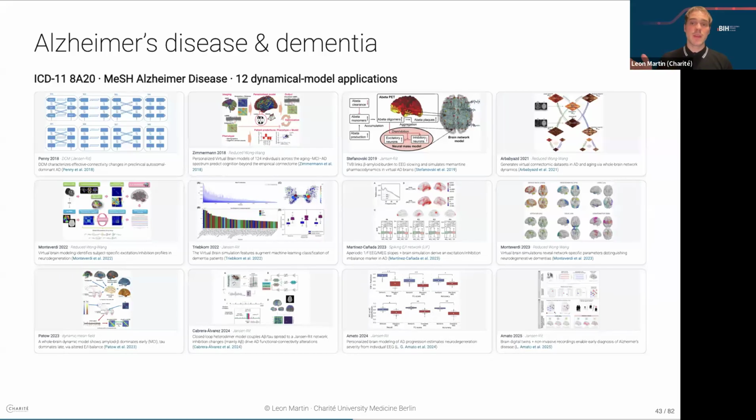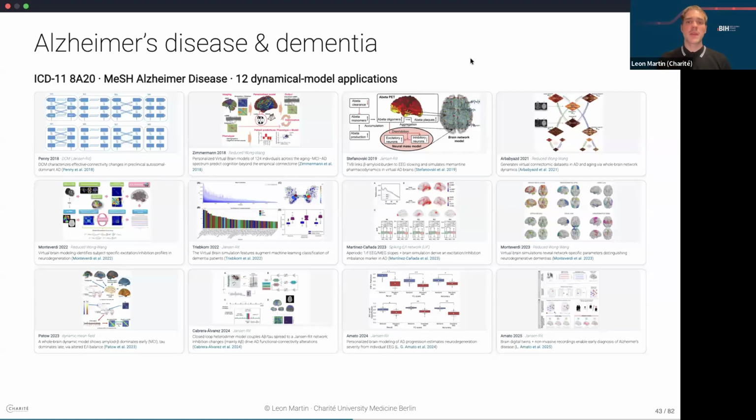Also, virtual drug applications have been done, for example, by Leon Stefanowski with virtual memantine, where they showed that the slowing observed in the model of EEG frequencies could be reverted by giving a virtual drug in the brain network model. So that's all a transfer of protein pathology that has an effect on excitation inhibition on individual models. So there's a lot. Please feel free to also explore these studies.